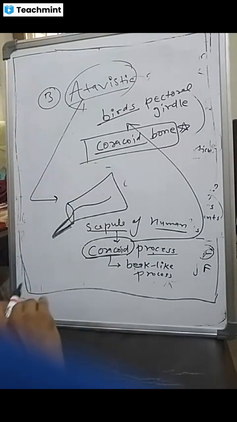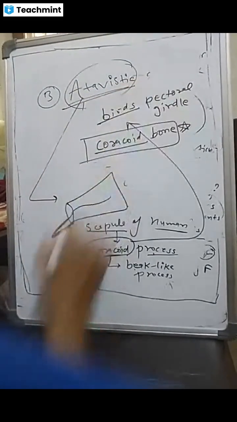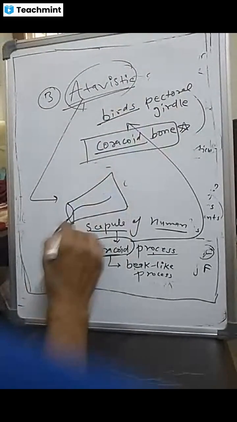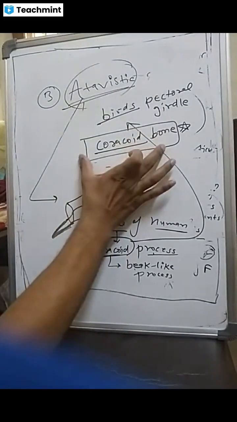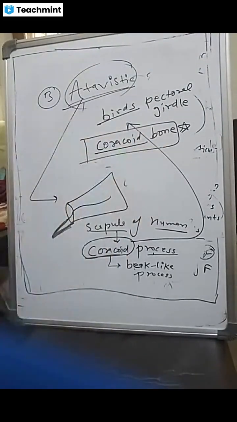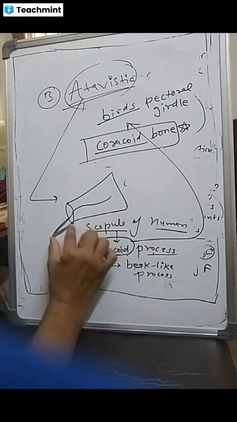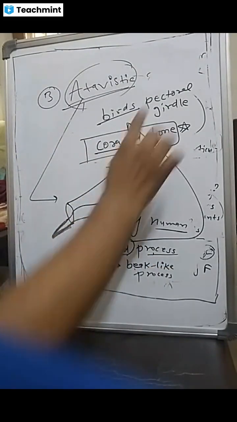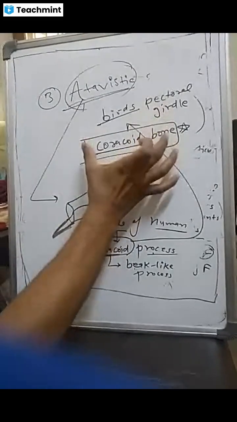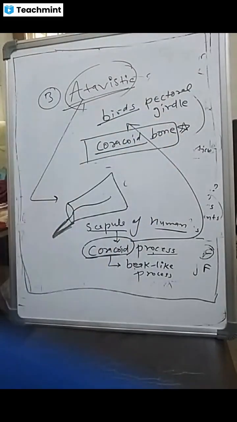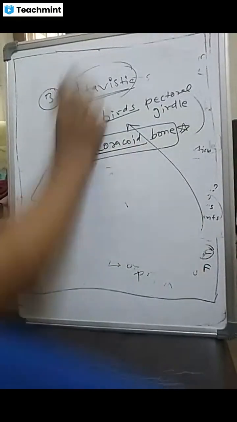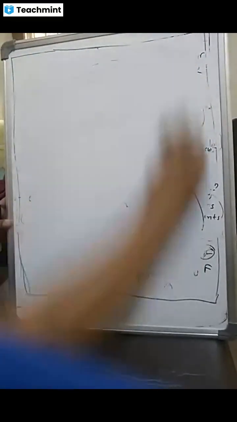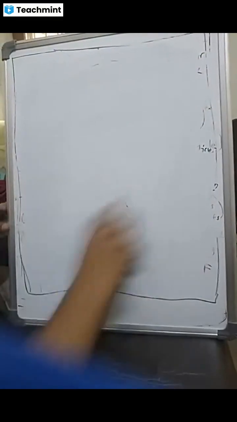This is the example showing that atavistic epiphyses are projections or small epiphyses which are well developed in other animals. Like this coracoid process is simply a small beak-like process, but in birds it is a developed coracoid bone. These are the three types of epiphyses.